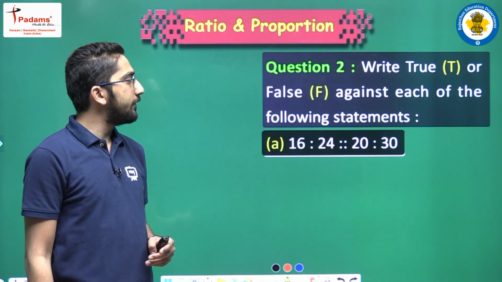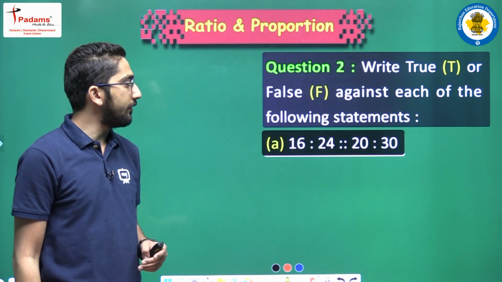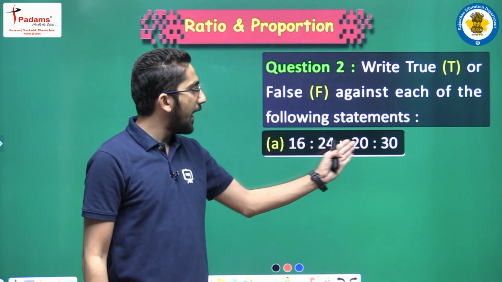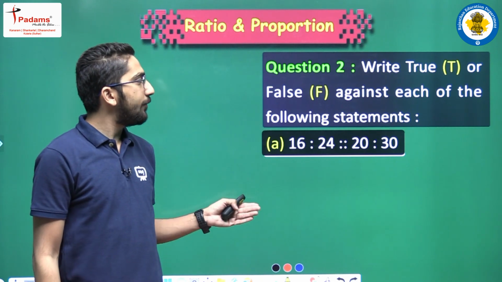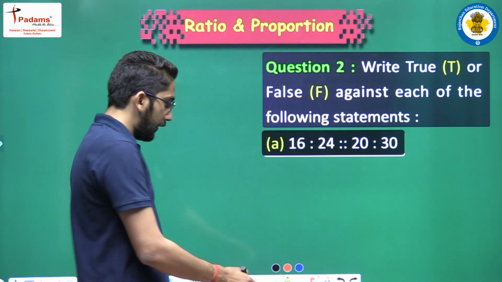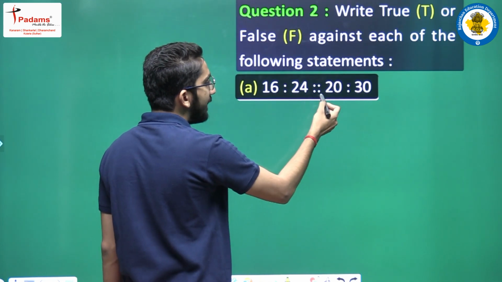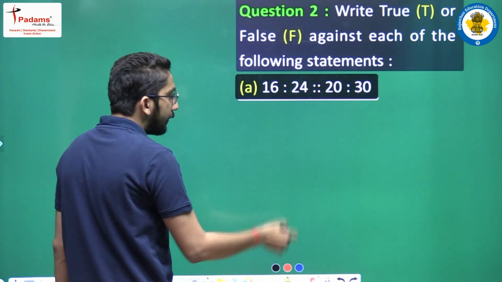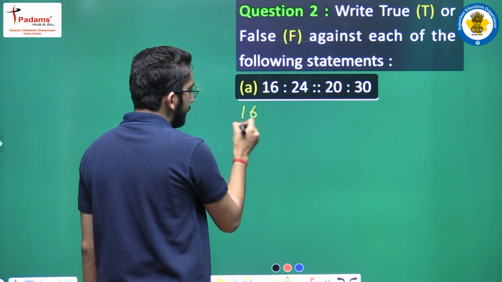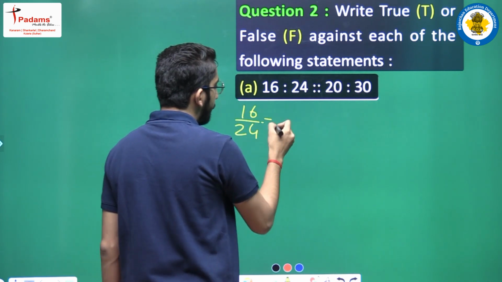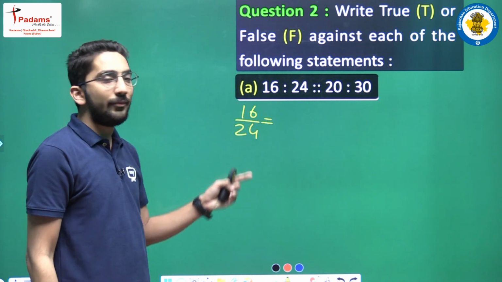Write true or false against each of the following statements. So we have to check whether they are in proportion or not, and we have to write true or false. So first is 16:24 as 20:30. तो इसके लिए हम चेक करेंगे 16/24. You can divide both of them with 8.